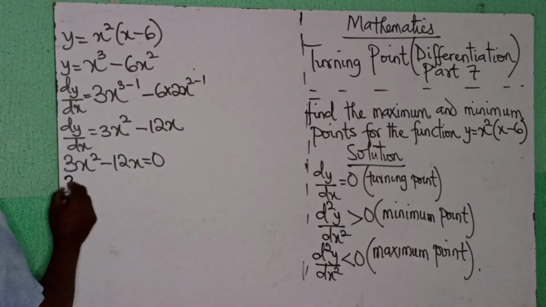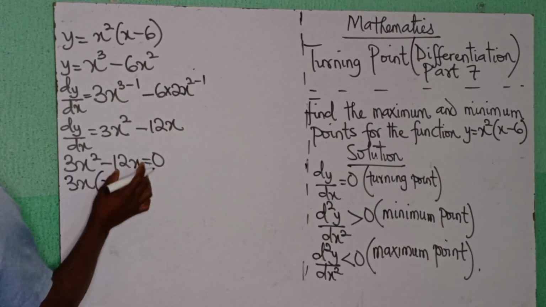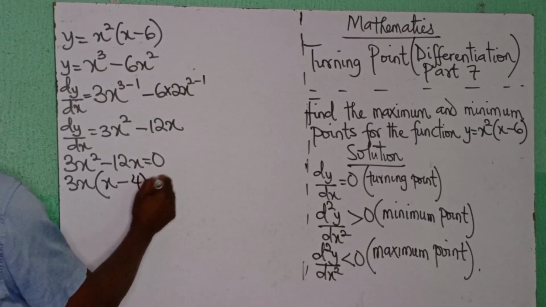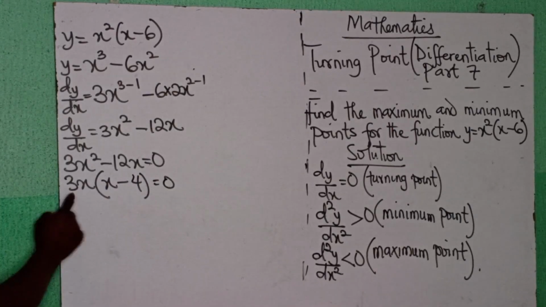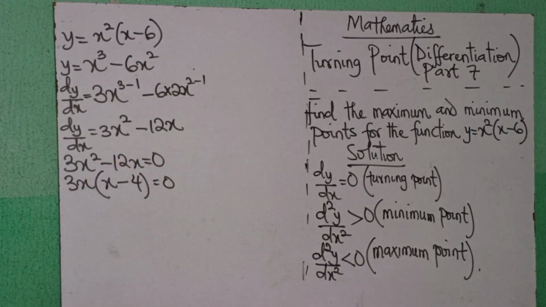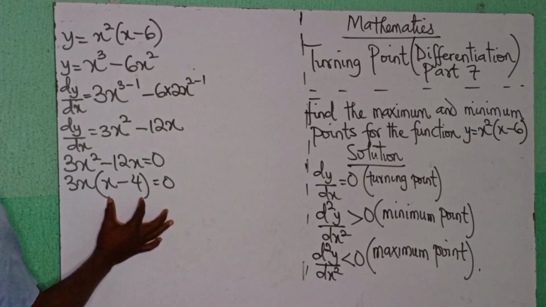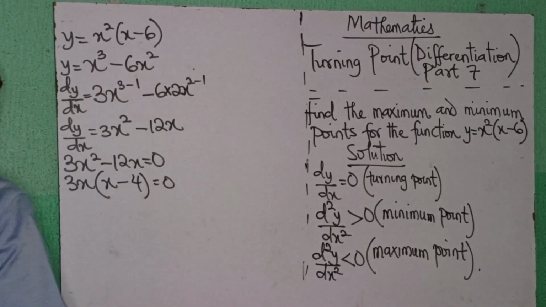So I bring out 3x. x is left here, 4 is left here, for 0. So that is 3x times x is 3x squared, 3x times 4 is 12x. Now, we are going to equate 3x equal to 0, and then we are going to equate x minus 4 to 0.